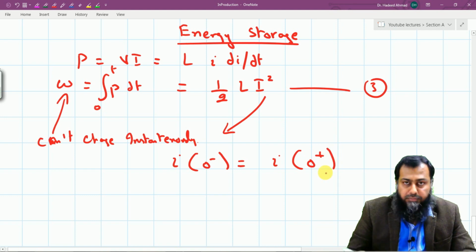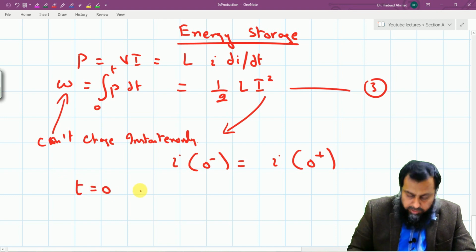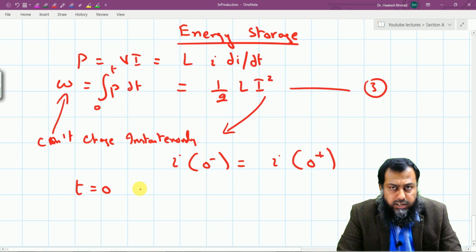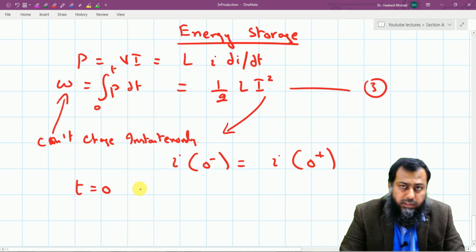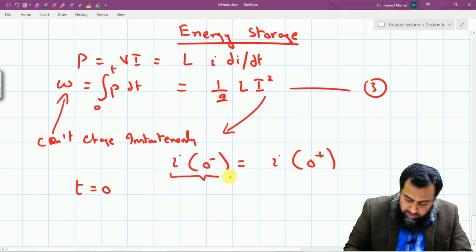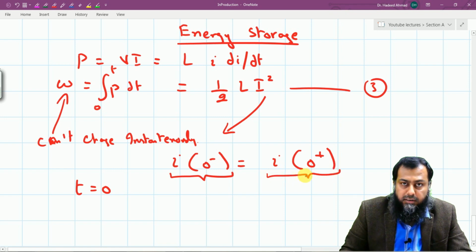This means that if at any hypothetical time, let us say t equal to 0, we create some disturbance, or we connect or disconnect a circuit or some element in a given circuit, then the current which was flowing just before that instant t equal to 0, that current i(0 negative), shall have the value equal to i(0 positive), which is just after the time when we made the disturbance in the circuit.